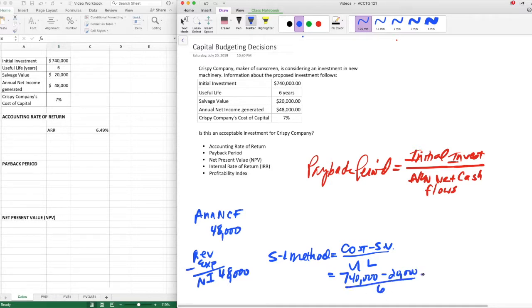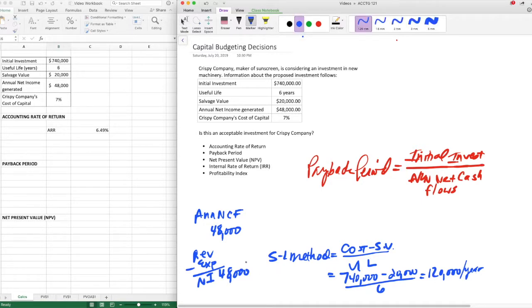So we come out to $720,000 over 6 years, which is $120,000 per year. $120,000 a year depreciation.